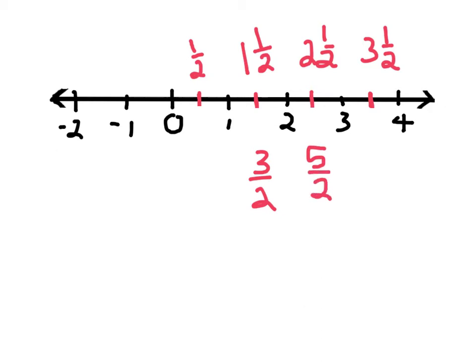And 3 and 1/2 is the same thing as 7 halves. This even works for the negative numbers. So in between 0 and -1 is -1/2. And in between -1 and -2 is -1 and 1/2. And we're going to work a lot more with those later.